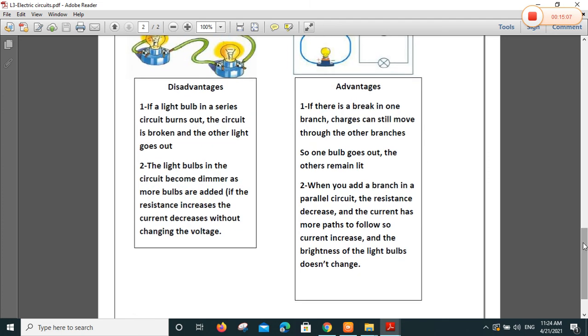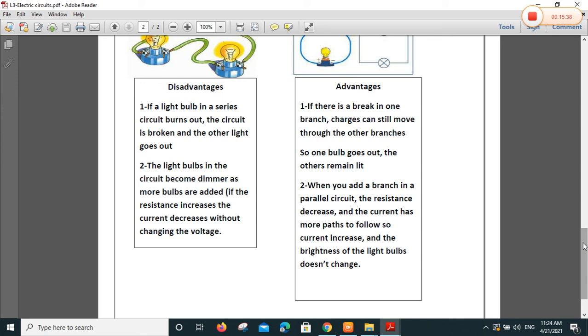Okay, so the advantage of a parallel circuit: if there is a break in one branch, charges can still move through the other. So if one bulb goes out, the others remain lit. Number 2, when you add a branch in a parallel circuit, the resistance decreases and the current has more paths to follow, so the current increases and the brightness of the light bulb does not change.